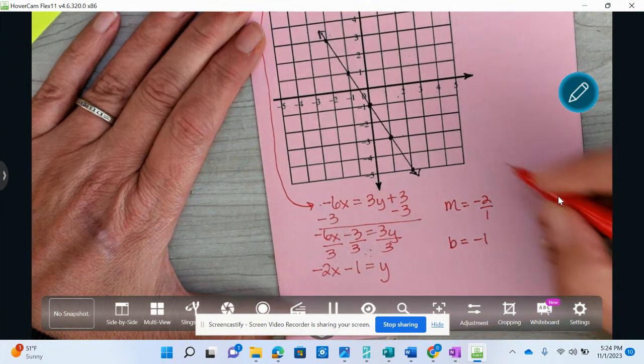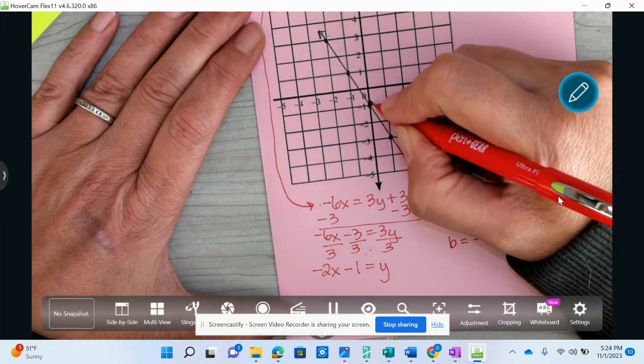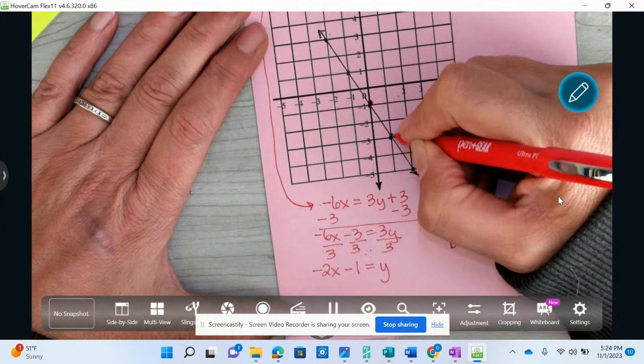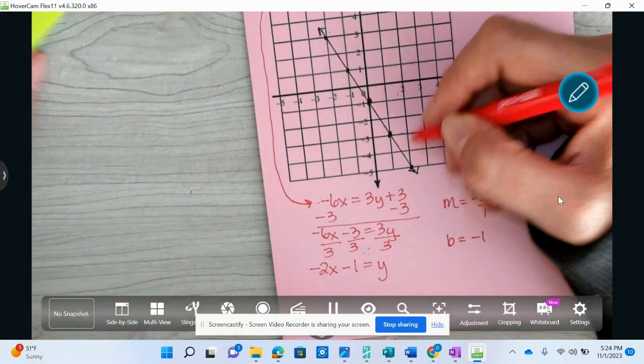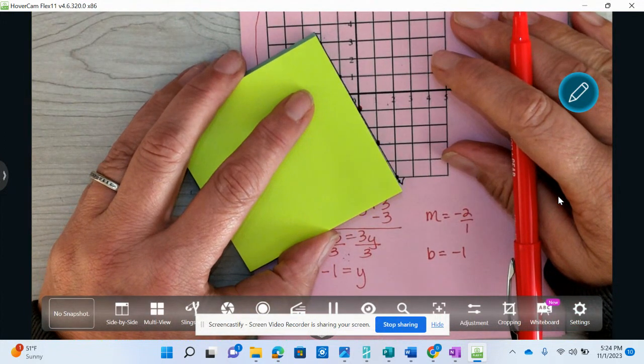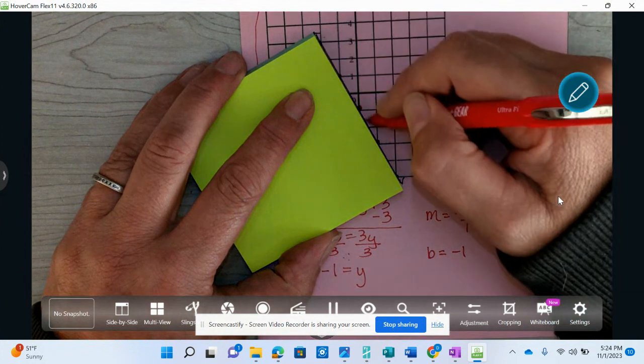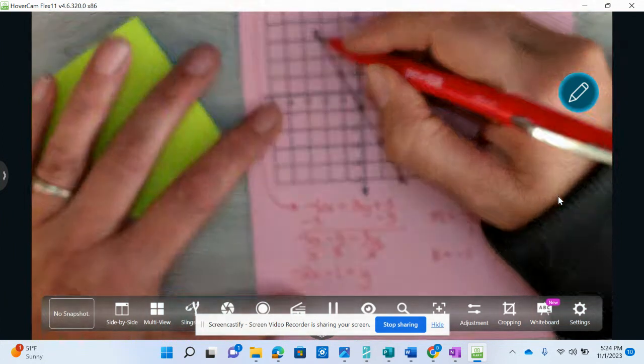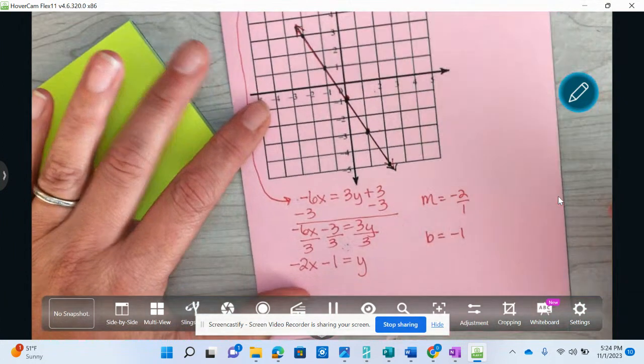So when I plot these points, I begin at negative 1, and then I go down 2 over 1. And hopefully you see that both of your lines are stacked right on top of each other.